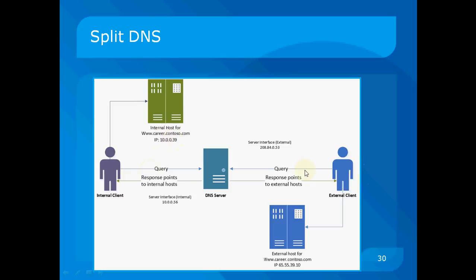And if external clients do the same kind of query, then the query is resolved to 65.55.39.10. So the query is the same, the DNS server is the same, but according to the internal or external clients, the query is resolved to a different IP address. So this kind of concept is called split DNS.